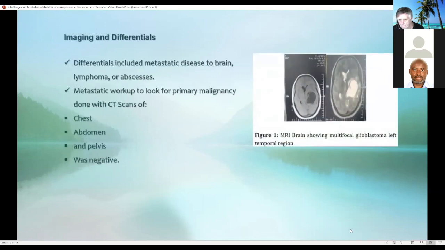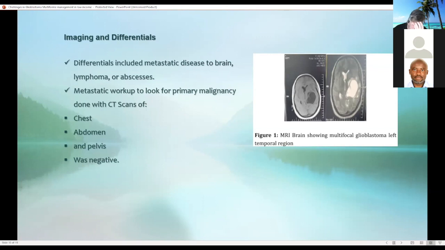So you can see here these images from the MRI we did, and we found in this left temporal region these lesions which are here. Our differentials included metastatic disease to brain, lymphoma, and maybe abscess.